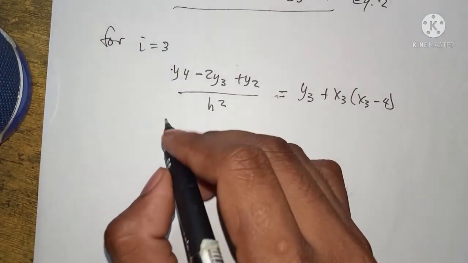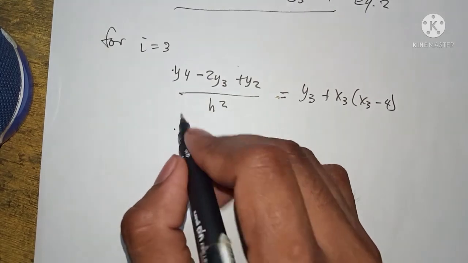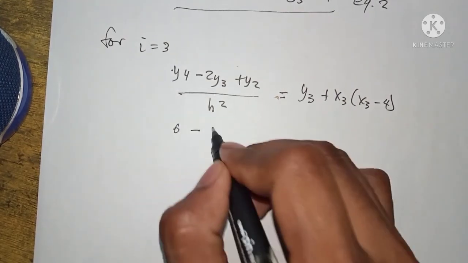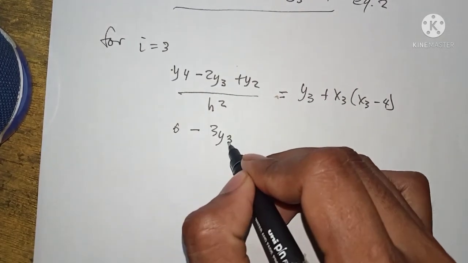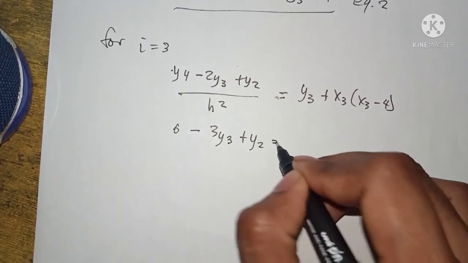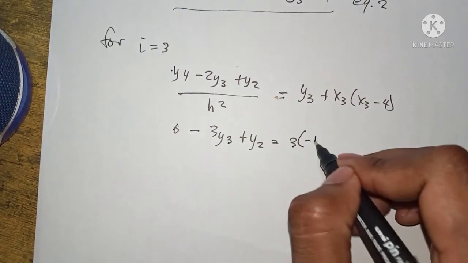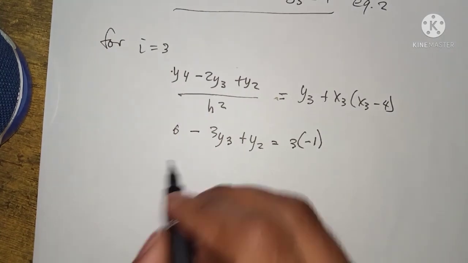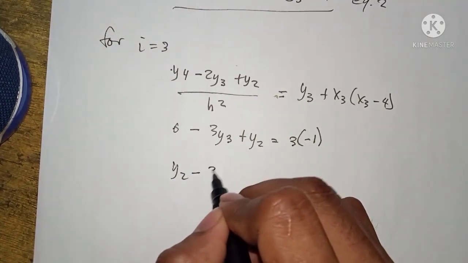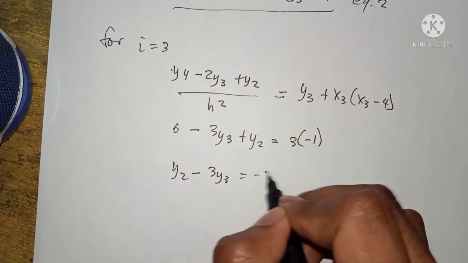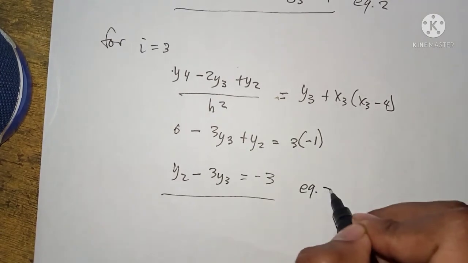Substitute: y4 is 0, so y2 minus 3 y3 is equal to 3 times negative 1, which is negative 3. This is our equation number 3.